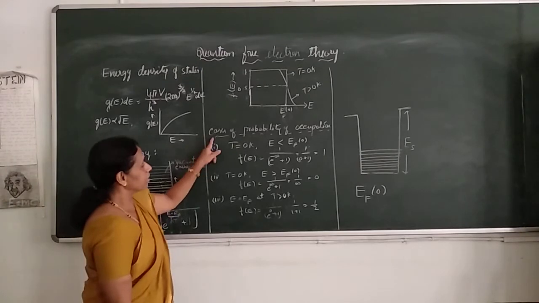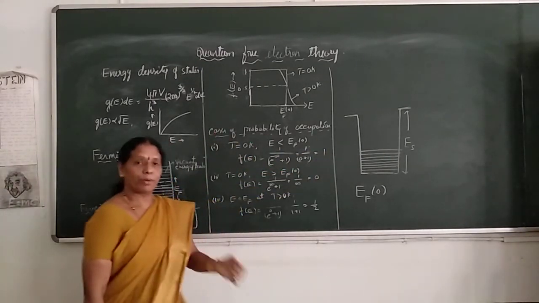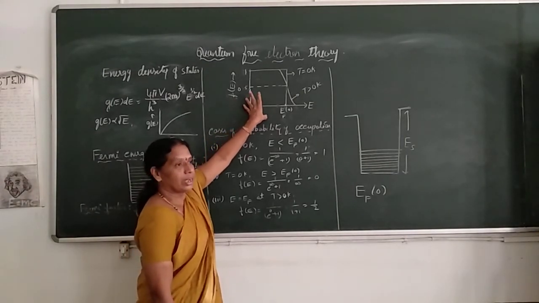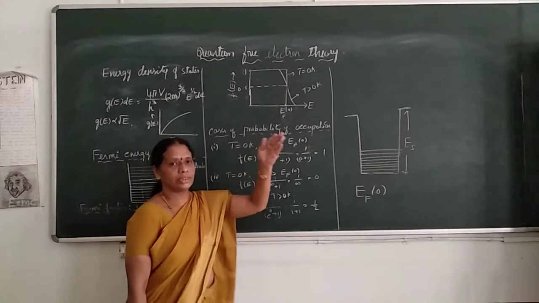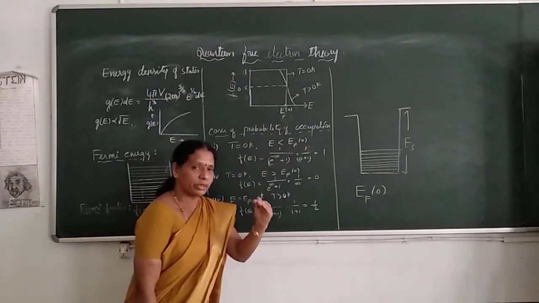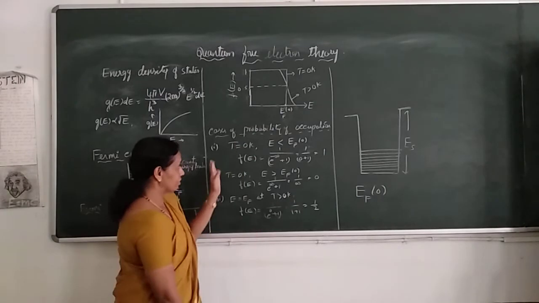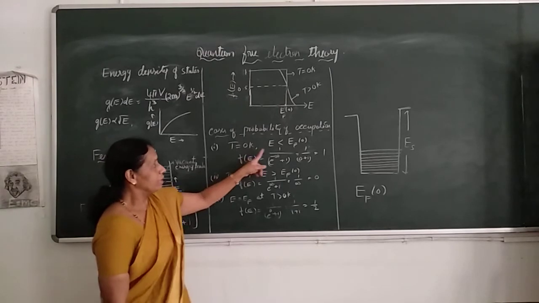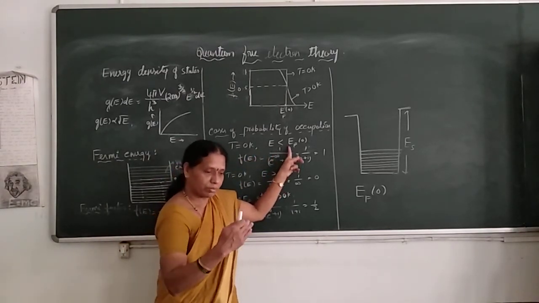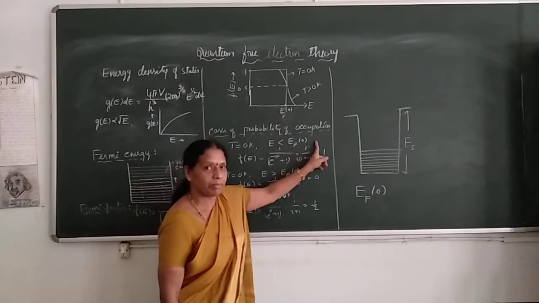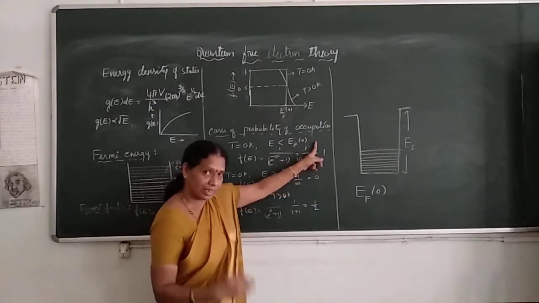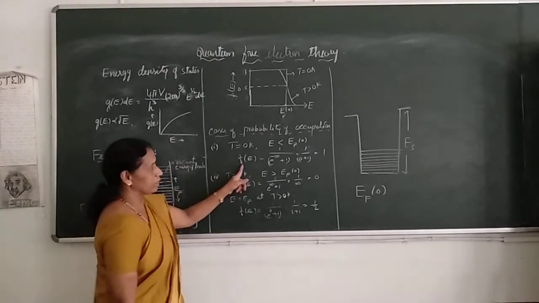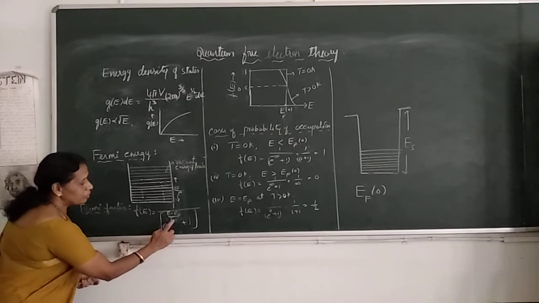Now let us see some cases of probability of occupation. It is already very clear in this graph, at different temperatures, how the states are filled and what the probabilities of occupation of the given energy levels are. Still, consider case 1: T equal to 0 Kelvin, absolute 0. Suppose the energy of that particular level is less than the Fermi energy. Then in this Fermi factor, substitute T as 0.